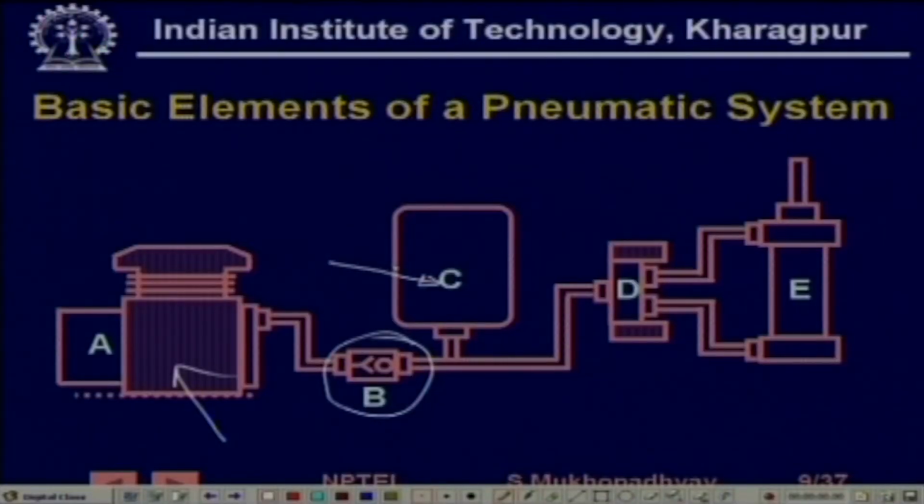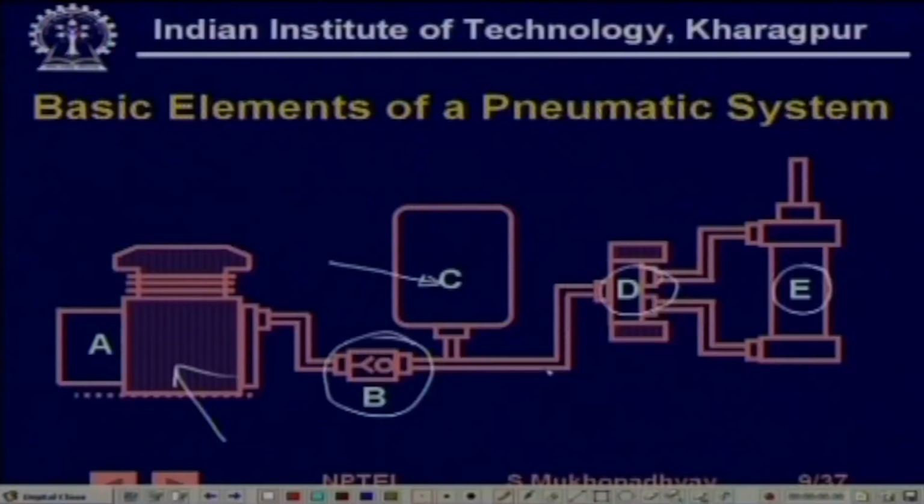After that you can have various kinds of equipment. For example, in this case we have only shown a direction control valve, which is trying to drive an air cylinder. This is a very typical and simple system, but in general you can have various other pieces of equipment, like pressure regulators and flow control valves, various kinds of valves apart from this simple direction control valve.